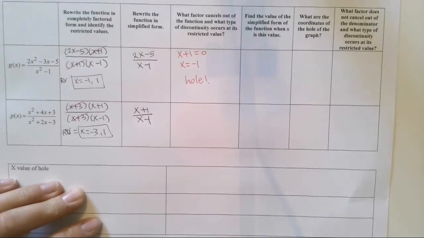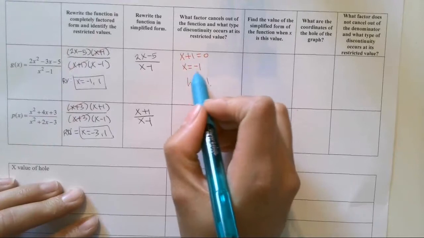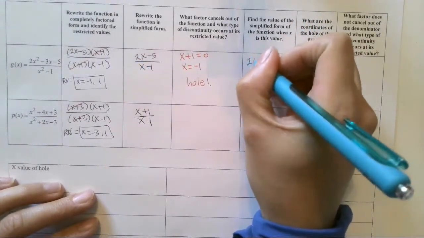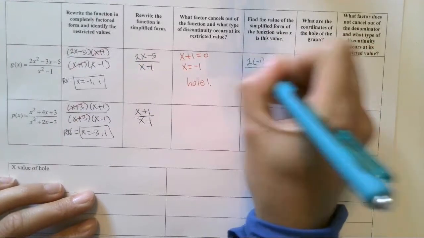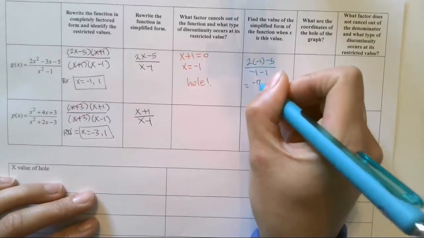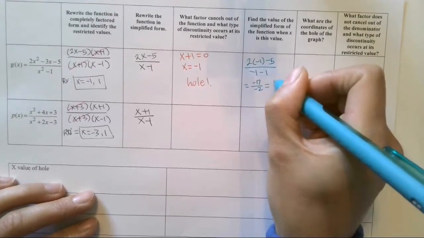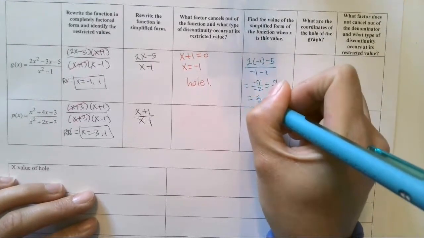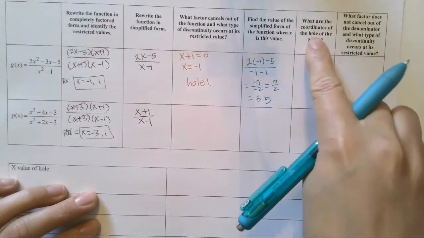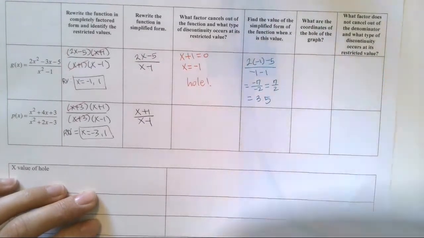So this is saying to plug that negative 1 into the simplified form. Okay, so 2 times negative 1 minus 5 over negative 1 minus 1 equals negative 7 over negative 2, 7 half, 3.5. Now it's asking, what are the coordinates of the hole of the graph?